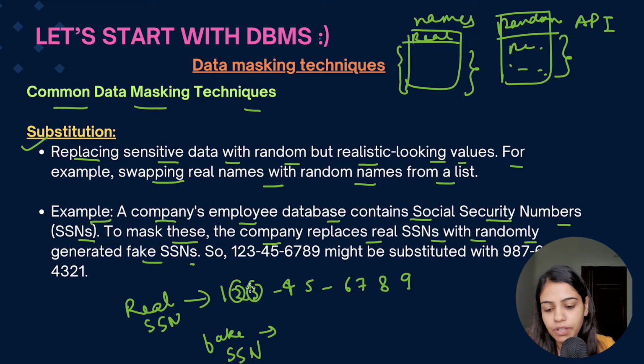So I'll substitute some of the values. Consider at position 2 I give a random value 9, at 3 a random value 8, at 4 a random value 0, at 5 a random value 6. In this way I substitute random values and create a fake SSN which can be used for my testing.